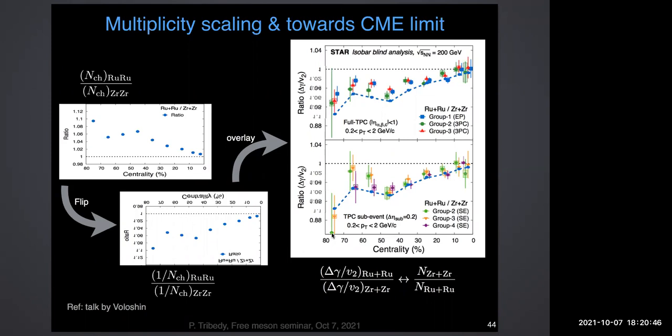There is one more thing I must tell you. You see that the error bars are much larger in these points. The experimental efficiency to trigger these events is much lower.